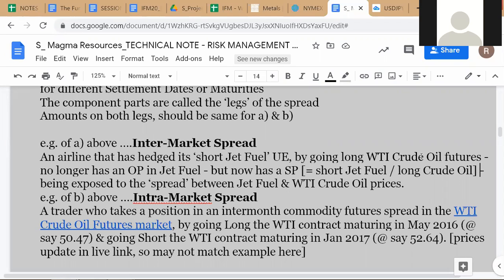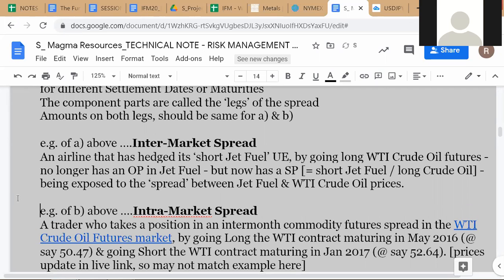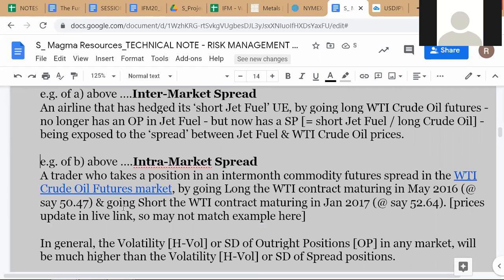It's kind of like the difference between yogurt and milk. They're not the same. Yogurt is derived from milk, but they're not the same. So now you have a spread position. Now intra-market, this is intermarket here.